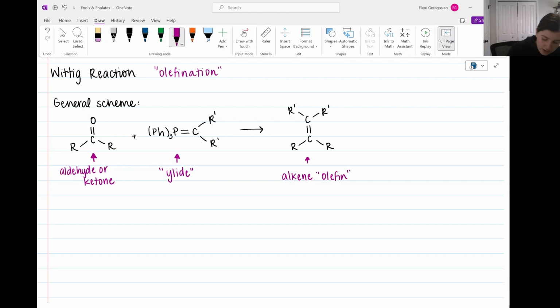So that's why we call this olefination. You'll notice here in this reaction, we form a new carbon-to-carbon double bond. And so this is our desired organic product of the Wittig reaction, this molecule with a new carbon-to-carbon double bond.